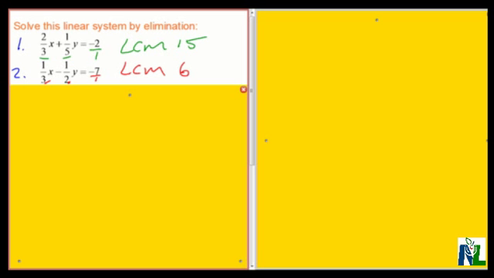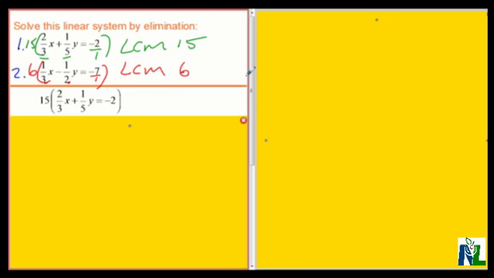Now I'm going to multiply each equation by the corresponding LCM that I just determined. In other words, I'm going to multiply equation 1 by 15, and equation 2 by 6. So equation 1 gets multiplied by 15. All three terms get multiplied by 15.